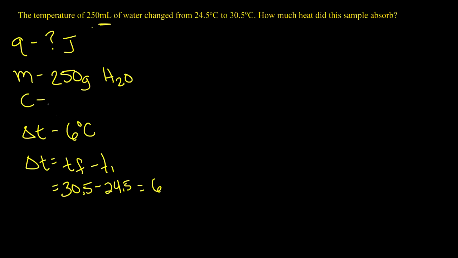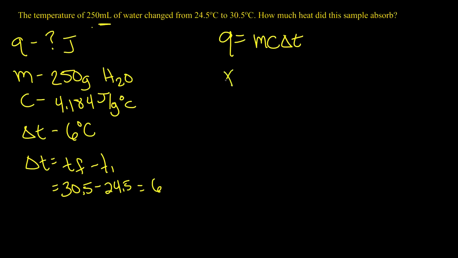So earlier we said water is 4.184 joules per gram degree Celsius. Now I've got all my variables. I write my formula. My formula is Q equals MC delta T.